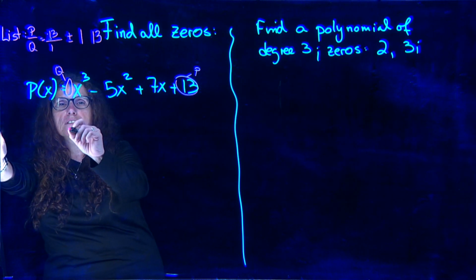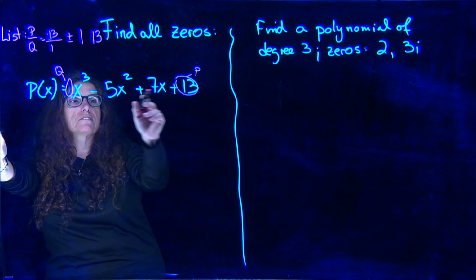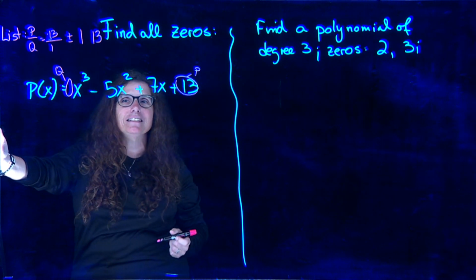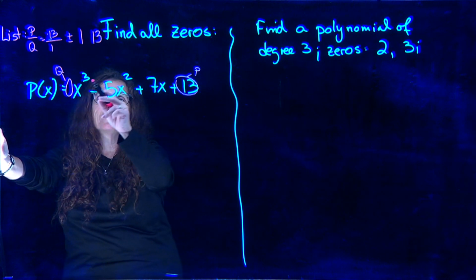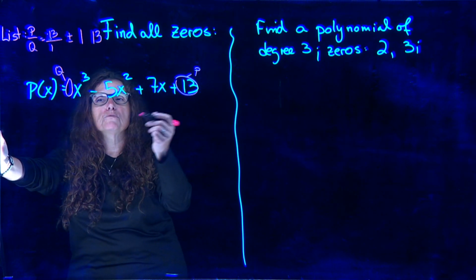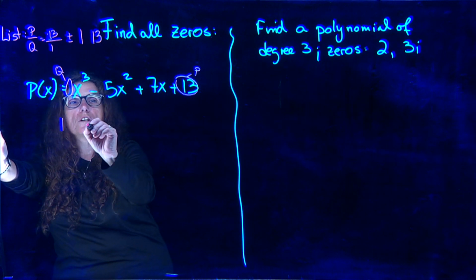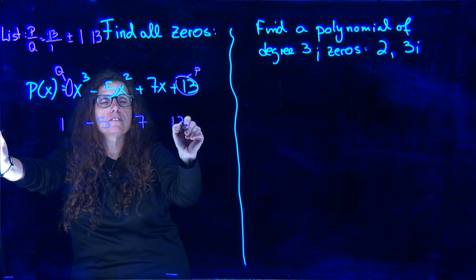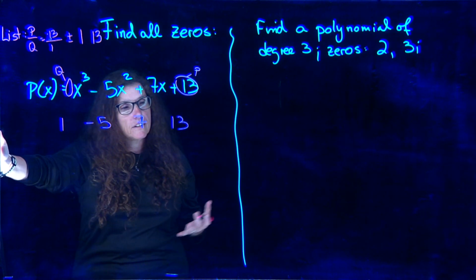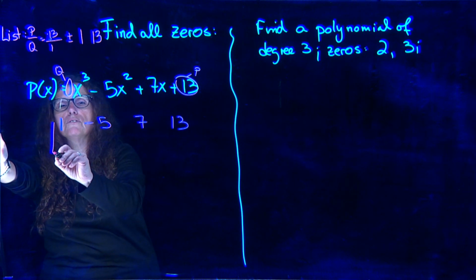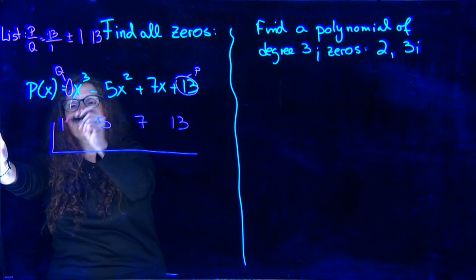Keep that in mind. Okay, let's write out the coefficients of this polynomial in descending order from the highest exponent down to the lowest. There's also no missing term, so we start with 1, -5, 7, and 13. Okay, again, if you sit at home and you start this, you go ahead and you start with 1.